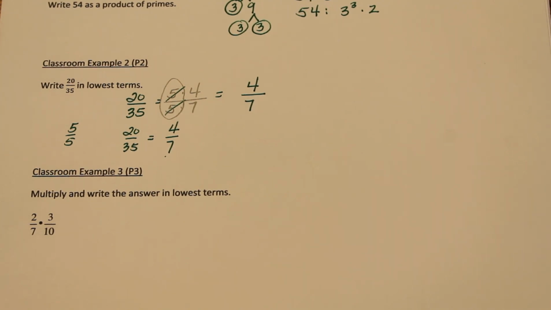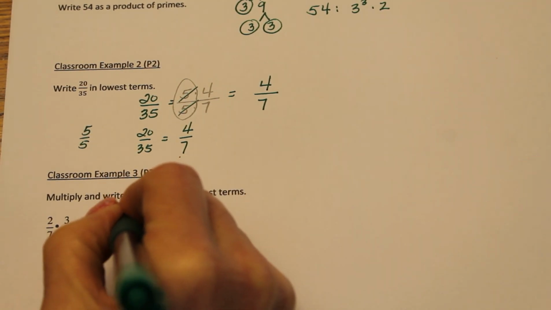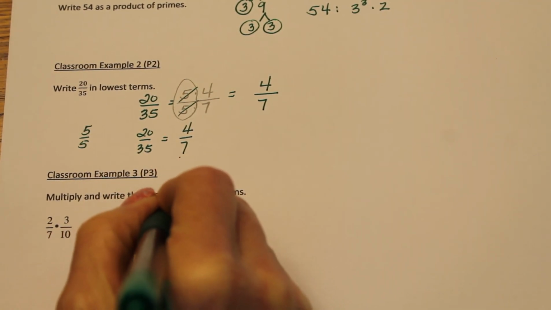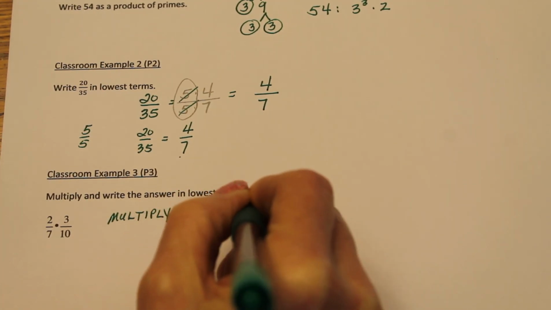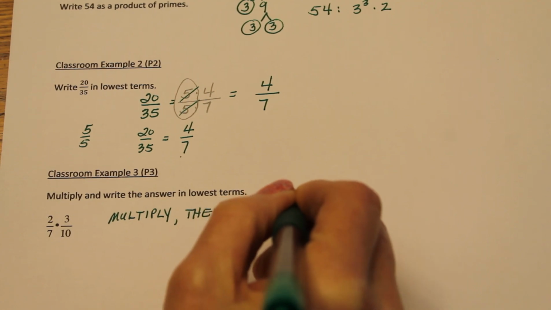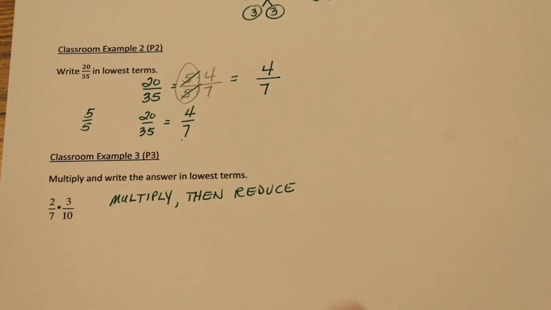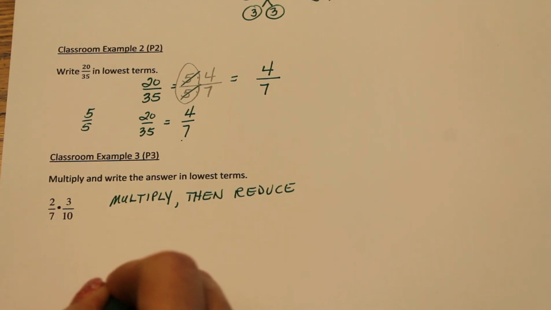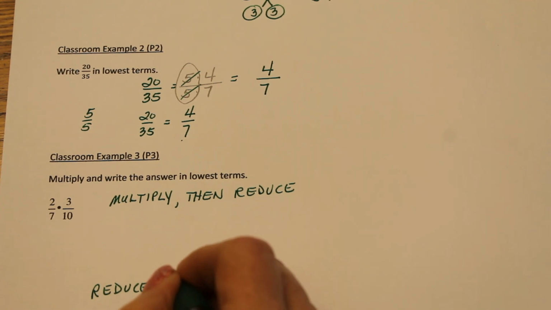So I'm going to show you two ways to do this. The first is to multiply first and then reduce your answer. That's the first way we'll show it. The second way is to reduce first. And that's really the way I prefer, but reduce first and then multiply.